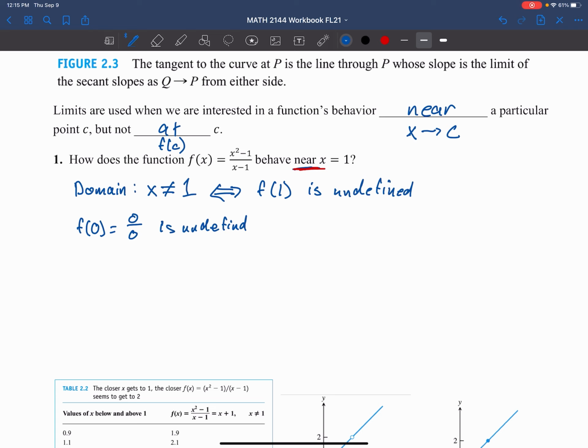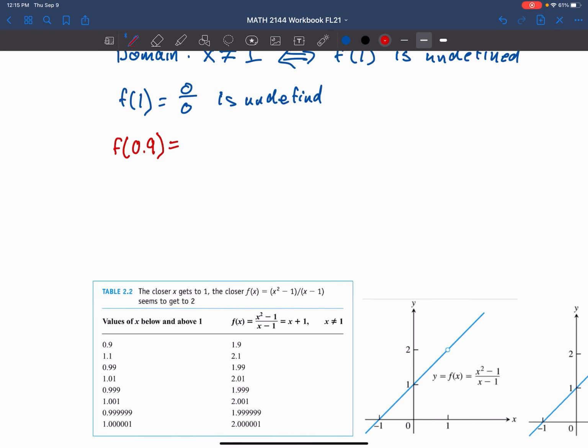Let's consider some values near 1 now. So f of 1 is equal to 0 over 0, just plugging it in, you have that issue. Let's pick values near it now. So let me change to red. We have f of 0.9.